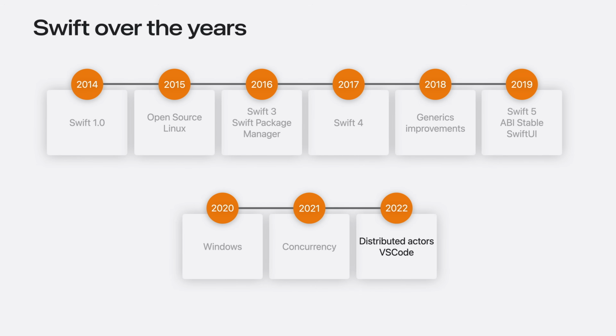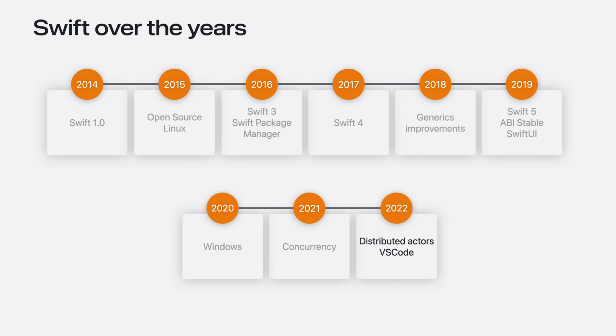The next year, we introduced distributed actors, which made it easier to build network services. We also continued to refine the concurrency model. The same year, the community released the Swift extension for VS Code, providing a cross-platform editing experience for Swift development.